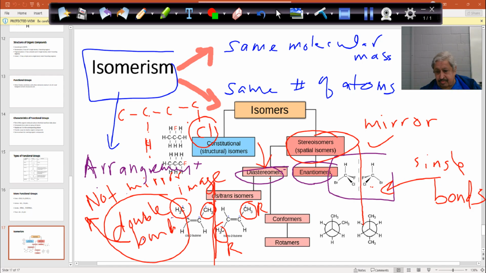So then we have here part of the stereoisomers. We have rotamers and conformers. What's the difference? Conformers means you have the ability, especially in amino acids and amines, for the carbon atoms to rotate among themselves.